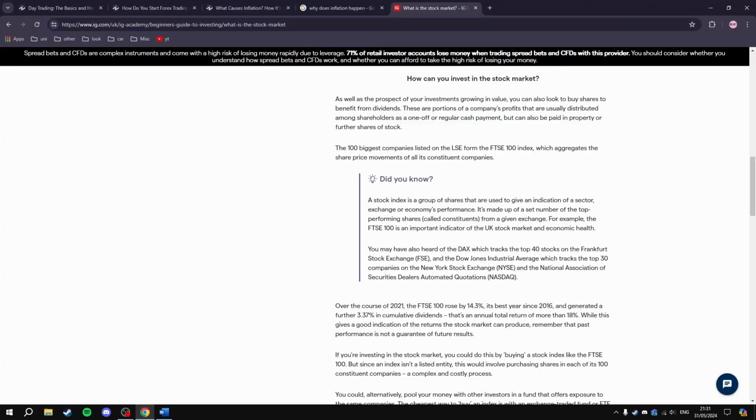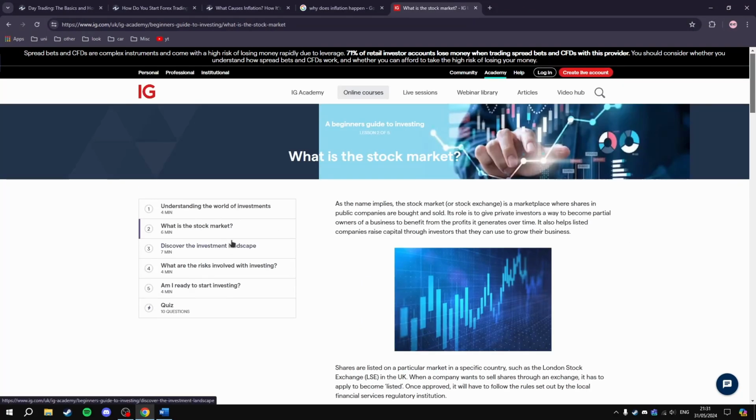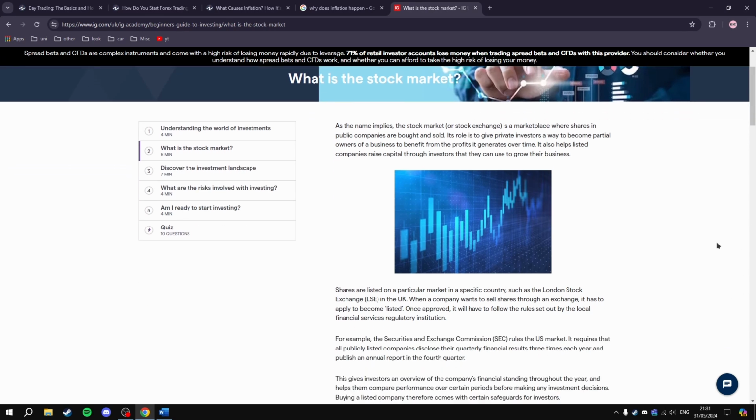So in the last episode, we went through what is the stock market. Basically, as the name implies, the stock market is a marketplace where shares in public companies are bought and sold. Its role is to give private investors a way to become partial owners of a business to benefit from the profits it generates over time. This also helps listed companies raise capital through investors that they can use to grow their business.